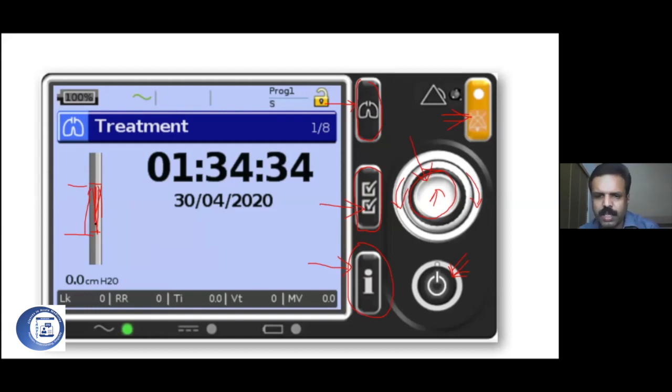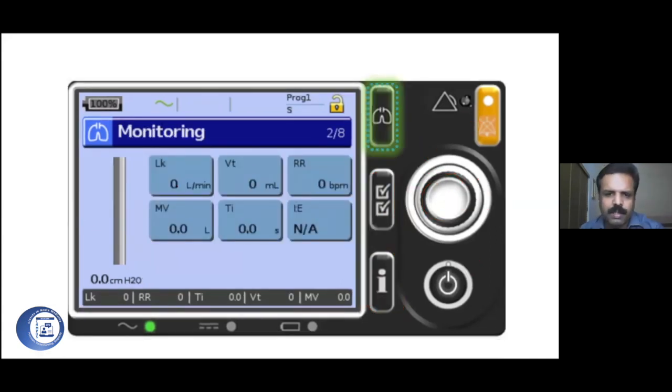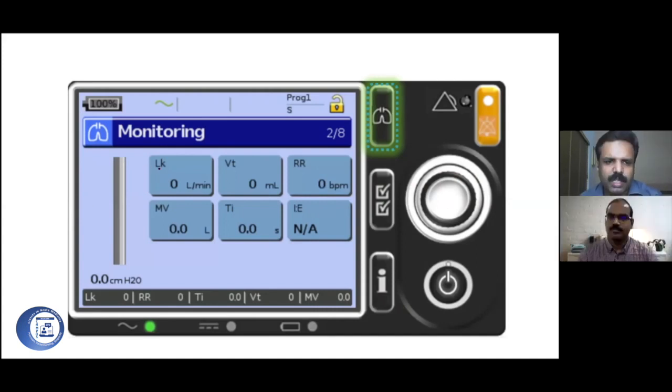Okay. So here, if you press that, you can see the leak, the tidal volume, respiratory rate, and the IE ratio. Here again for the IE ratio you don't have complete control, but you can adjust the IE ratio with the TI timings. So you see the IE ratio, the TI we have kept, and the minute ventilation.